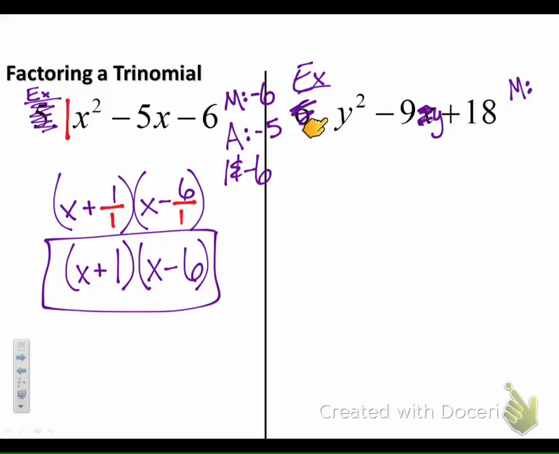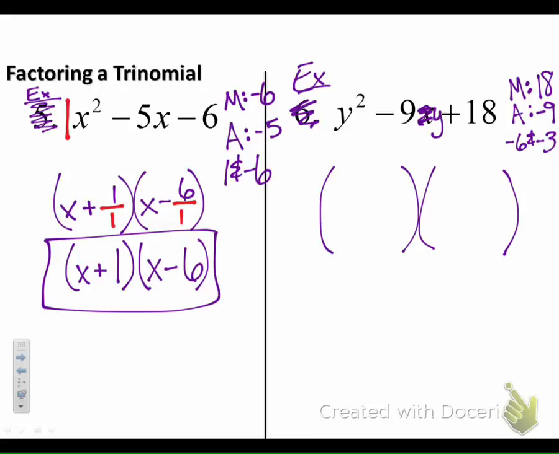Multiplying by taking your leading coefficient times your last, 1 times 18, multiplies to 18, but needs to add to give me the middle coefficient, -9. So I'm going to put those in binomials. And by the way, since we're dealing with y's, if you're working ahead, be sure your y's are written in your binomials.